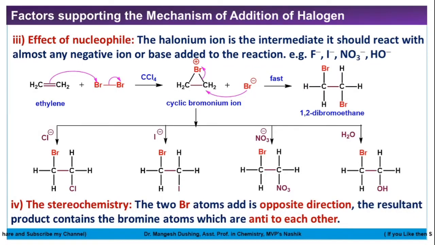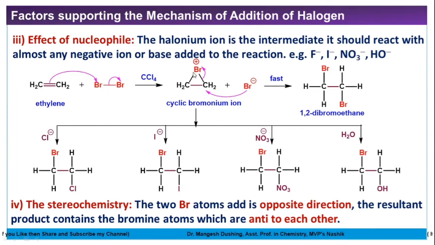Fourth factor is the stereochemistry. The two Br atoms add in the opposite direction. So both Br atoms are opposite to each other. The resultant product contains bromine atoms which are anti to each other. That's why they are anti, because the second Br minus comes from the backside because of two factors.